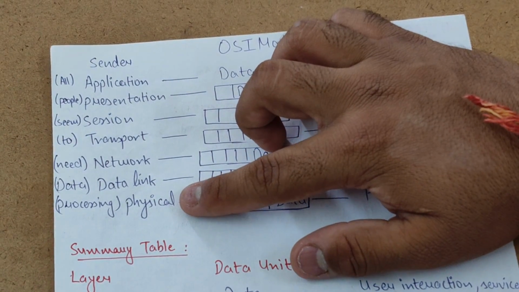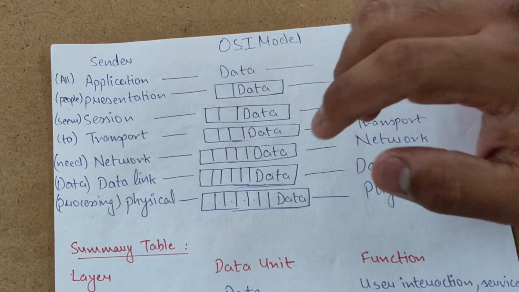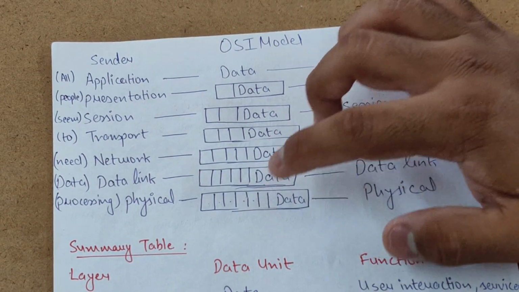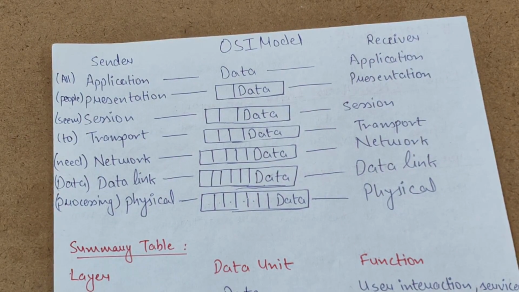Then there is the physical layer. The data is 6 blocks away from the sender and 6 blocks closer to the receiver. This is the pictorial representation of how data moves in the OSI model.